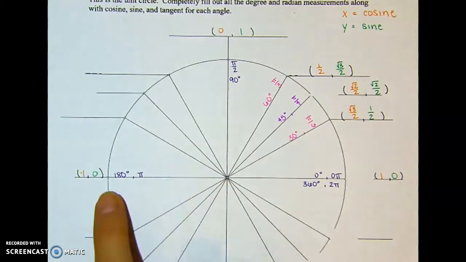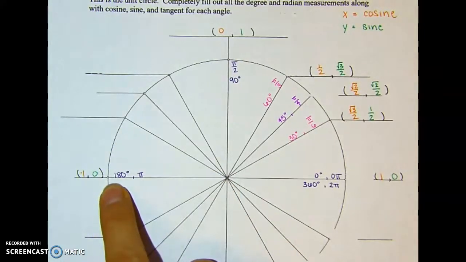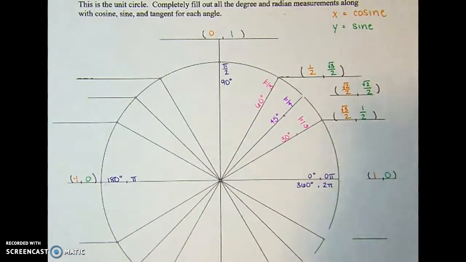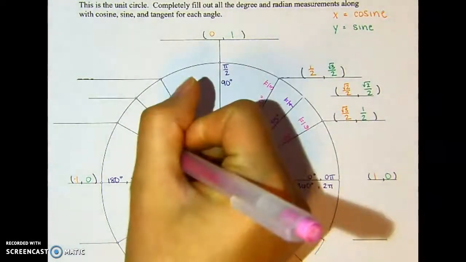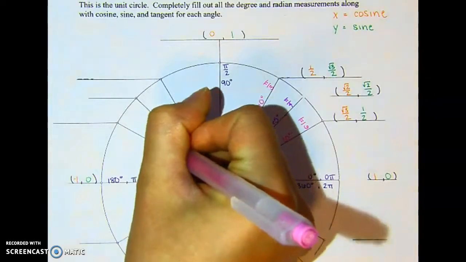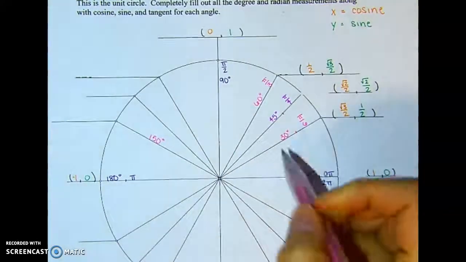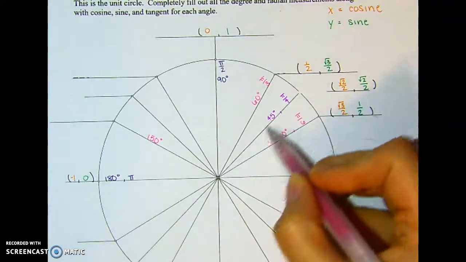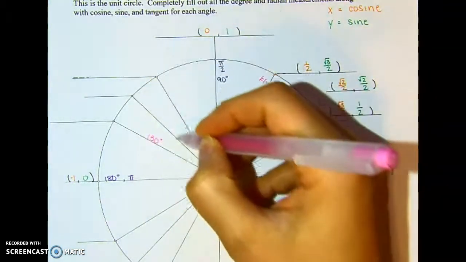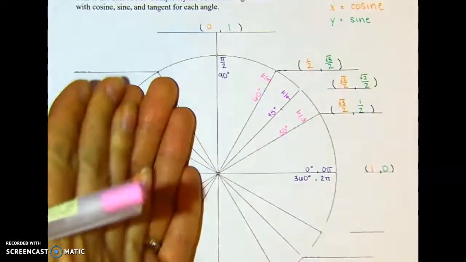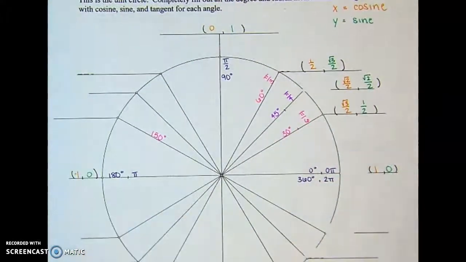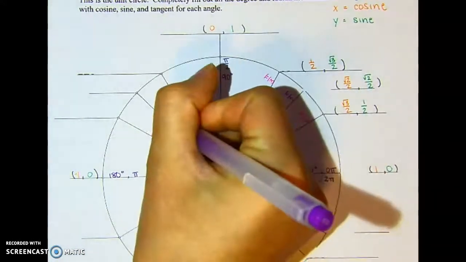So we can do 180 minus 30 degrees. Hopefully you are thinking 150 degrees. Similarly, if this angle is 45, this is also going to have a reference angle of 45. It's like we're folding it in half into the other quadrant. And so 180 minus 45 will give us 135.